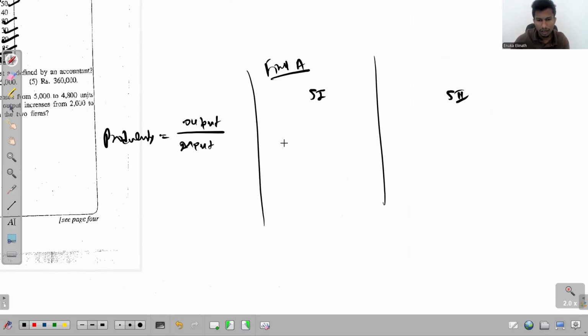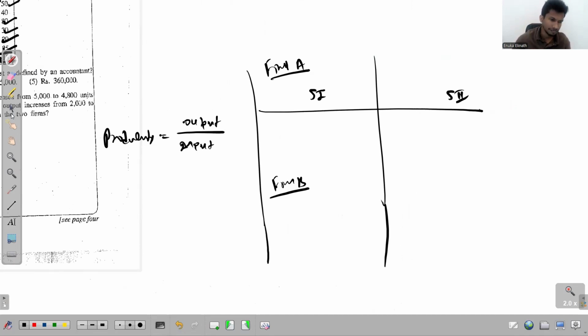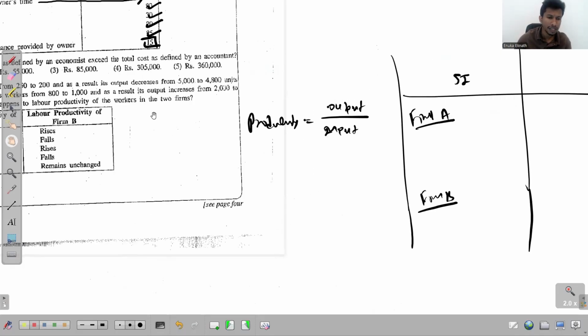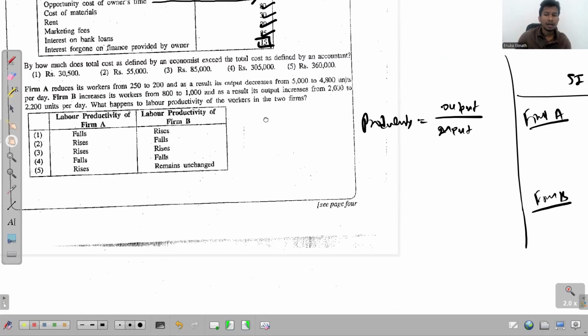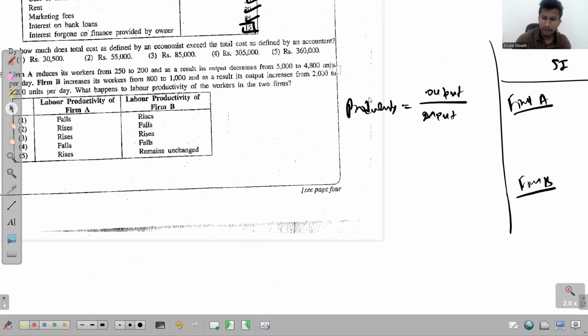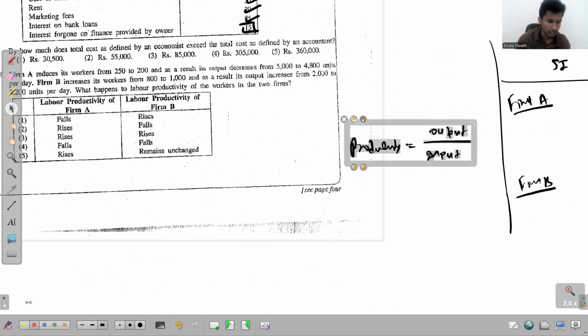Also, firm B again has situation 1 and situation 2. This is the general equation that we use in both calculations.